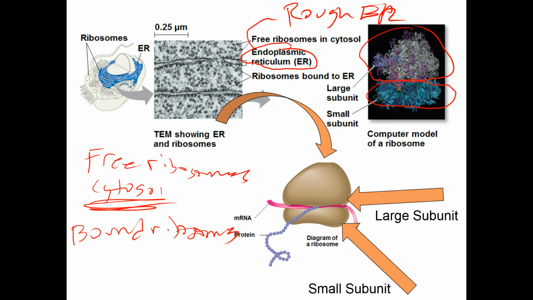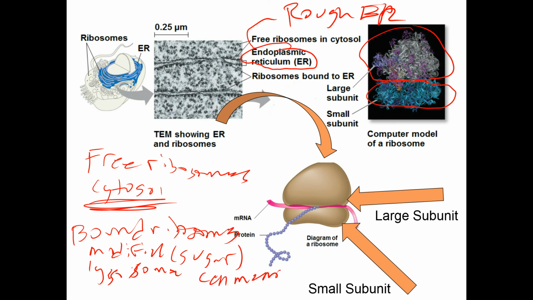Typically these are proteins that have to be modified, like having a sugar attached to them, or they're going to be components of a lysosome, or destined for the cell membrane itself.